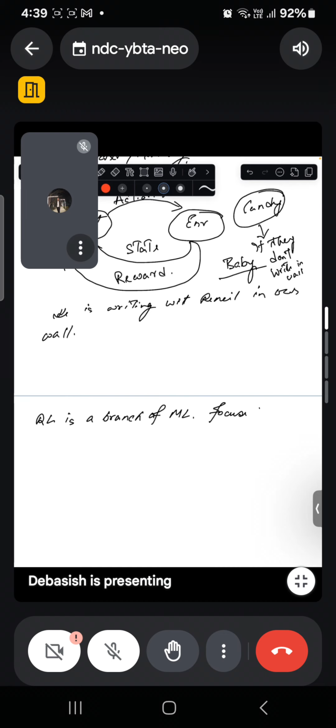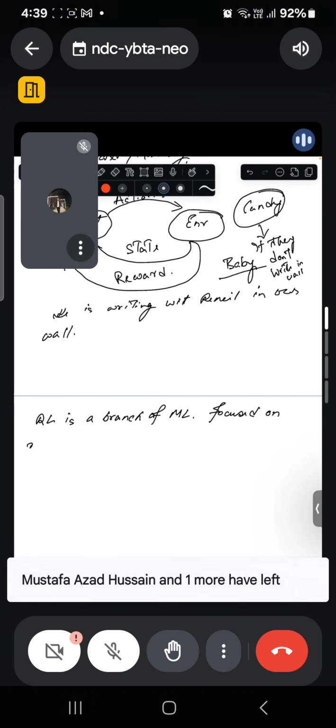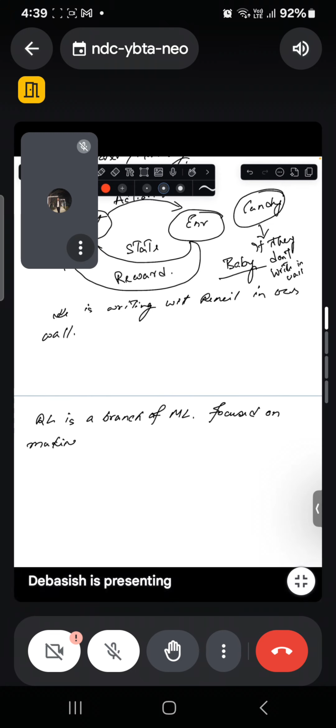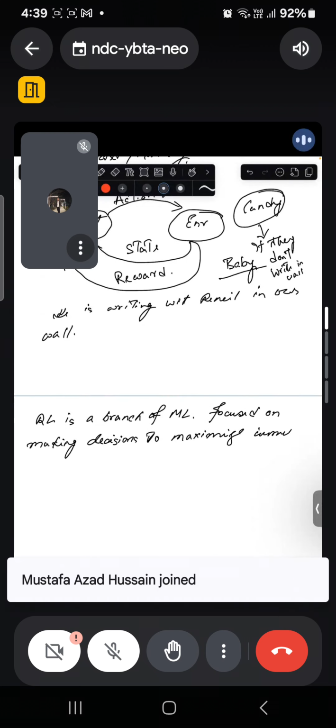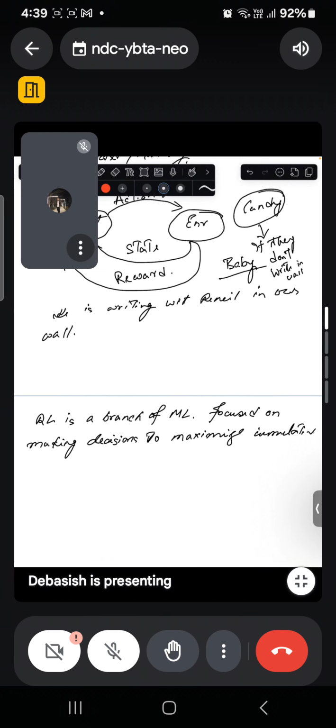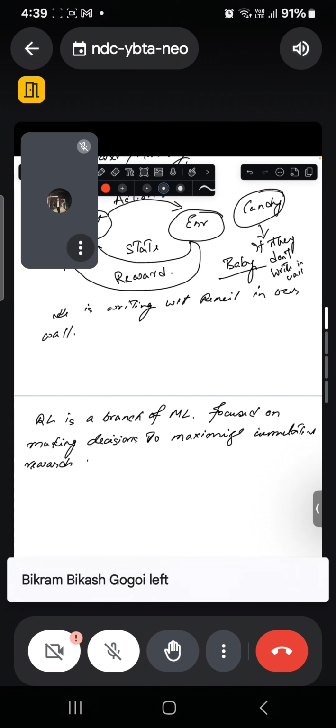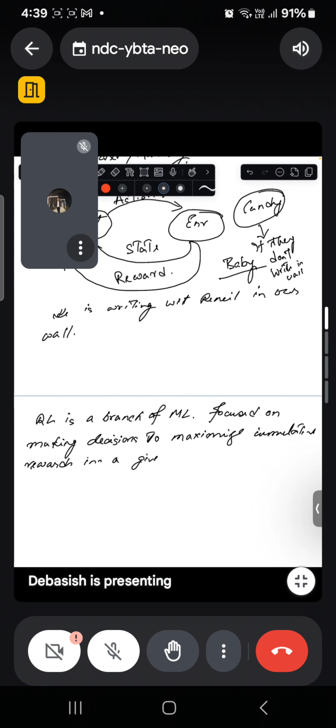It is focused on making decisions to maximize cumulative rewards in a given situation.